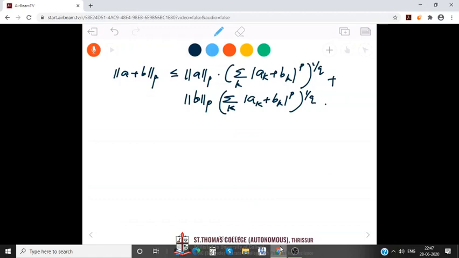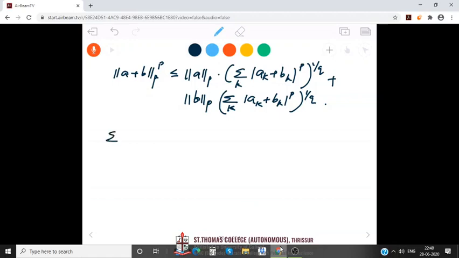In both terms we have one common factor, summation over k |ak plus bk| raised to p, the whole power 1 by q.